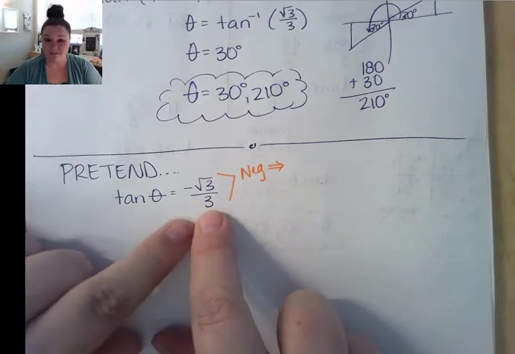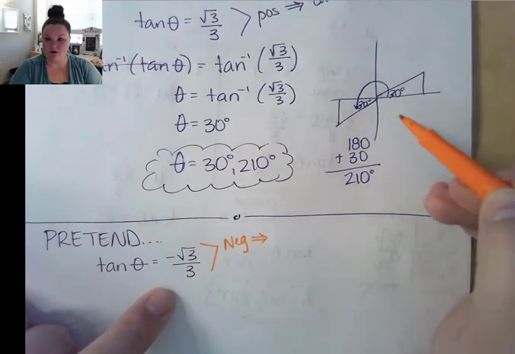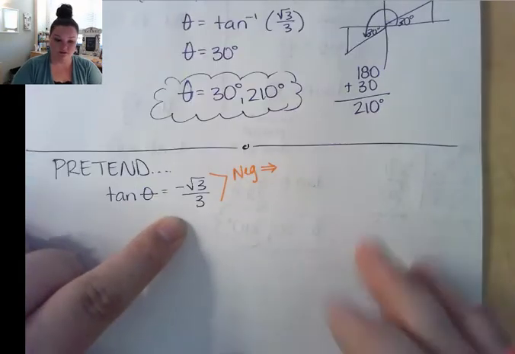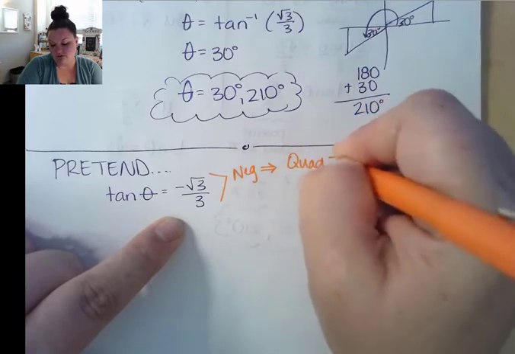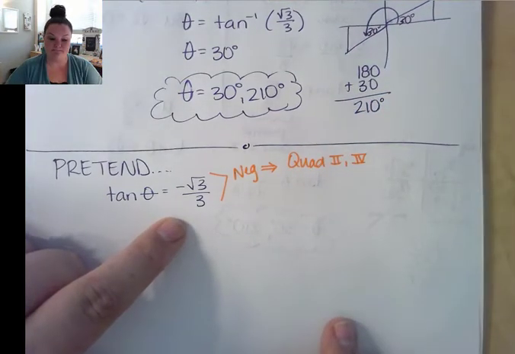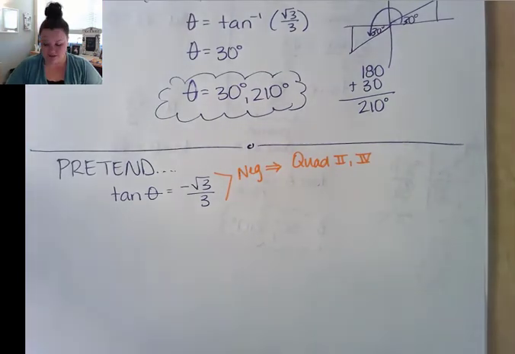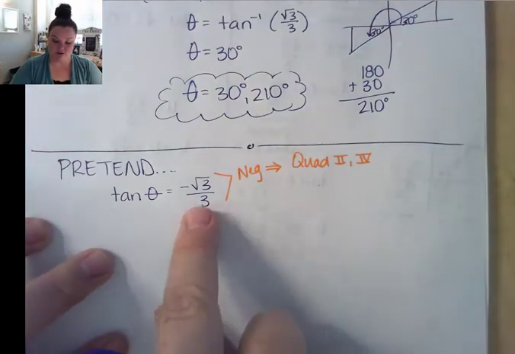And where does that happen? Well, if tangent was positive in quadrants 1 and 3, then quadrant 2 and quadrant 4 is where I would get negatives. So this means that it would have to fall in quadrant 2 or 4. This is just another example I made up. It doesn't necessarily have anything to do with up here, but I just want to show you.